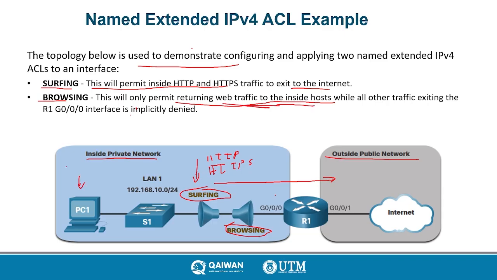So this one is our host. All other traffic exiting the G0/0 interface is implicitly denied. So anything exiting this way would be denied.